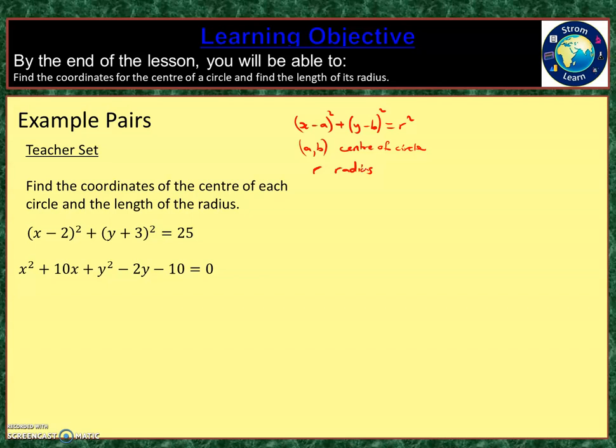So if we look then at these two questions, we're asked to find the coordinates of the centre of each circle and the length of the radius. The first one is fairly easy because it's already in the format that we've just gone through.